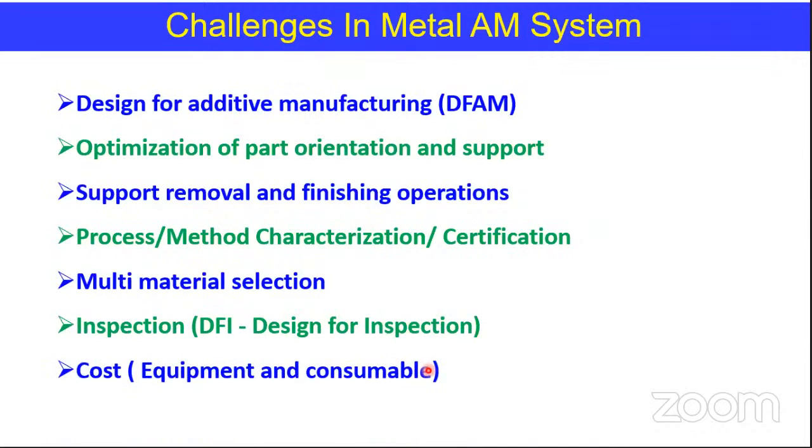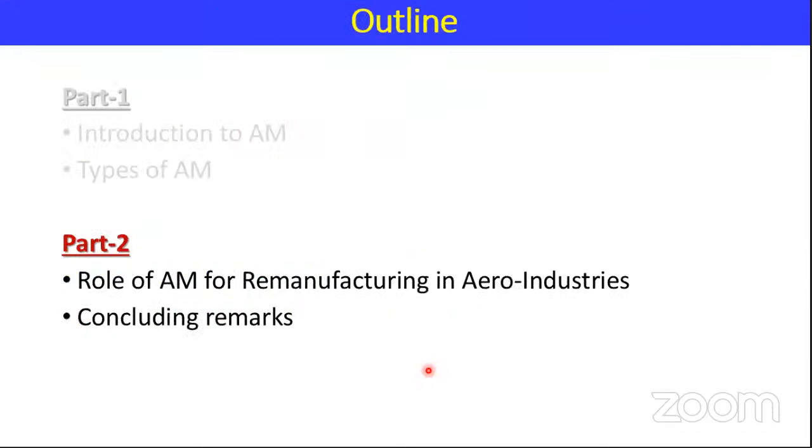And of course the cost is, at the moment, a bottleneck. I hope as the technology matures and is commercialized at a larger scale, this cost with respect to the equipment and consumables, which are very costly affairs as of now for metal AM systems, will come down, right?